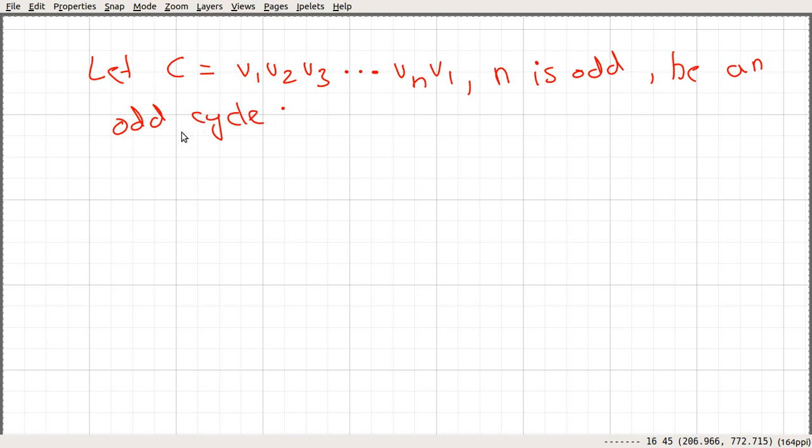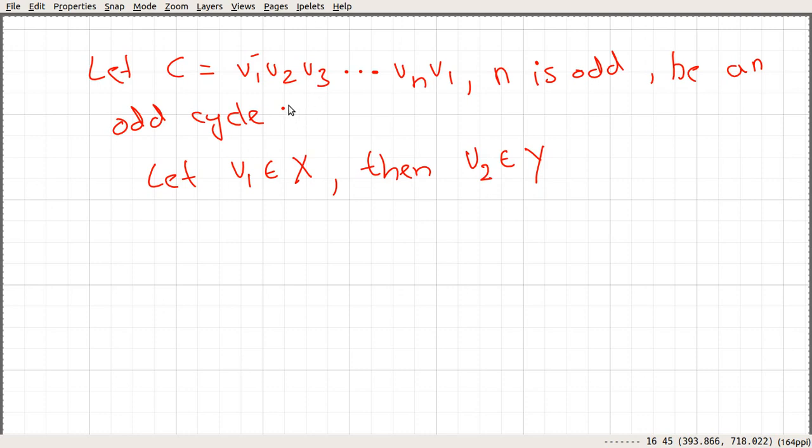Next we are going to partition this vertex set into two partitions, and we arrive at a contradiction. Without loss of generality, assume that vertex V1 belongs to X. If V1 belongs to X, then V2 must belong to Y, since there is an edge between V1 and V2 and we are dealing with a bipartite graph.